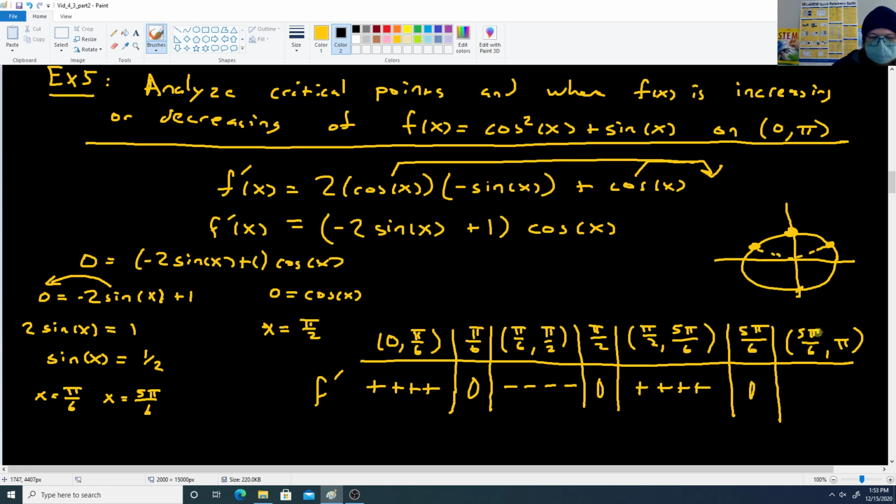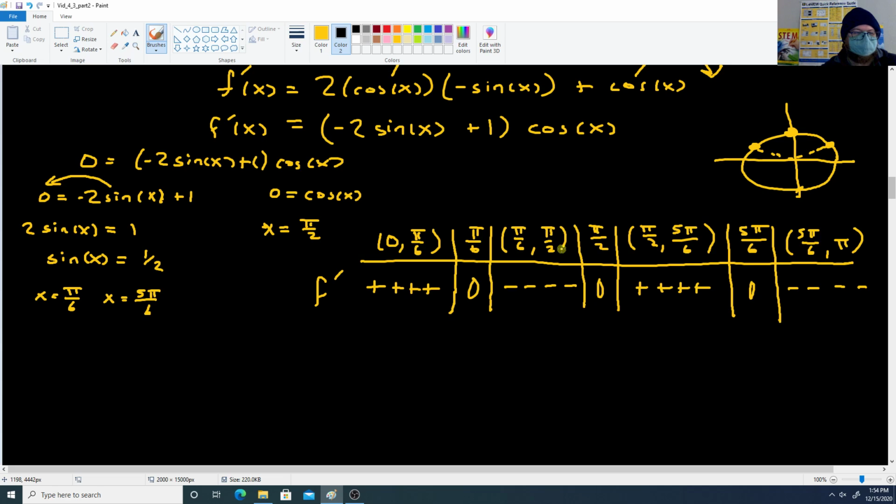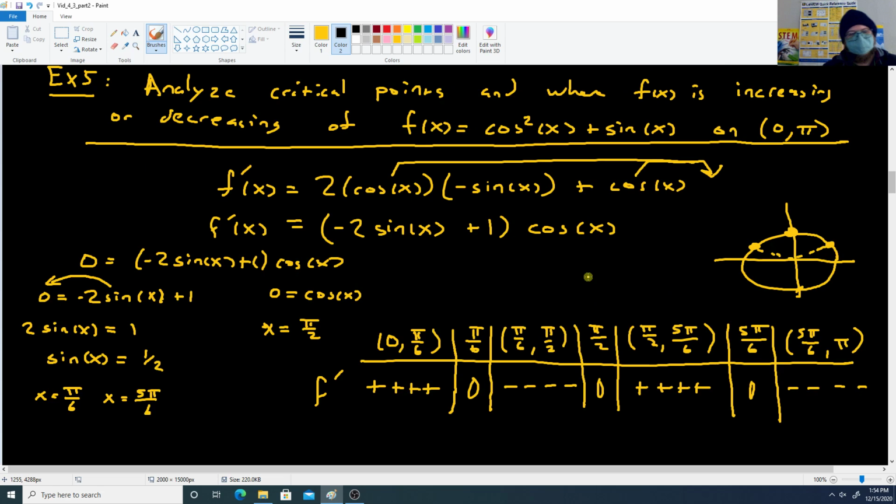I'll do 5.5 pi over 6. That would be in between the two. And let me see. That'll give me a negative number back. Okay, so here are my intervals, assuming I've typed everything in correctly. These are my signs of f prime.